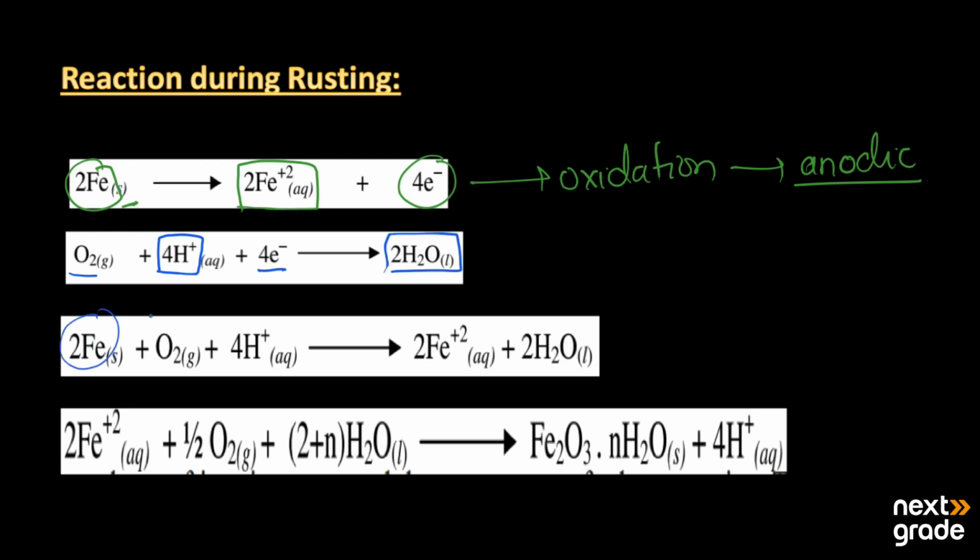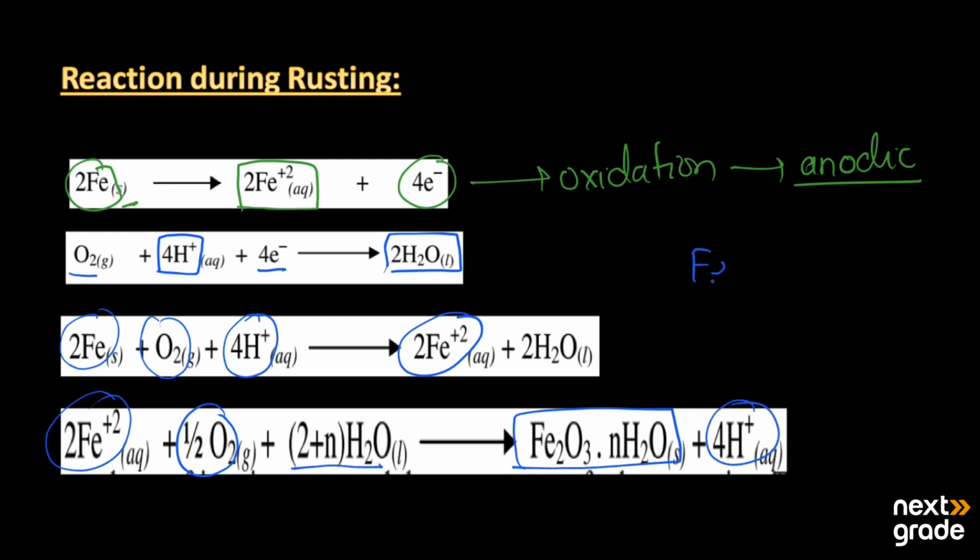Now the iron, oxygen, and hydrogen ions come in contact with each other. The iron and the oxygen present in the air and the water molecules react and change into iron oxide along with the production of hydrogen ions.